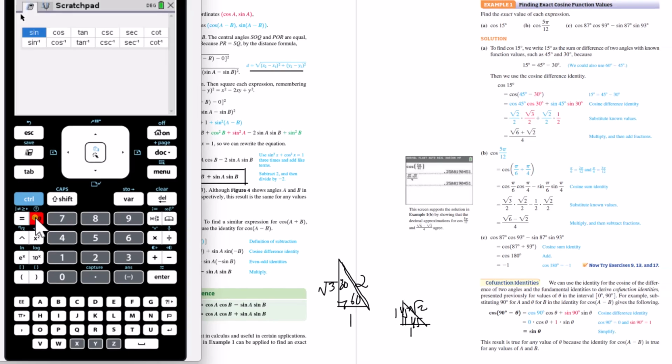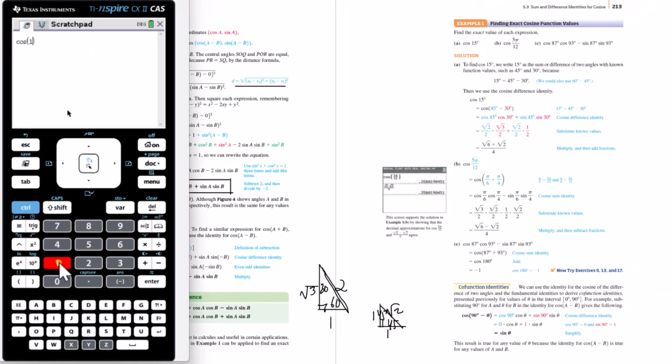When you say cosine of 10, well, you have to get that as a decimal, right? As opposed to if you said sine of 30, I'm in degree mode, it gives you the exact answer, right?